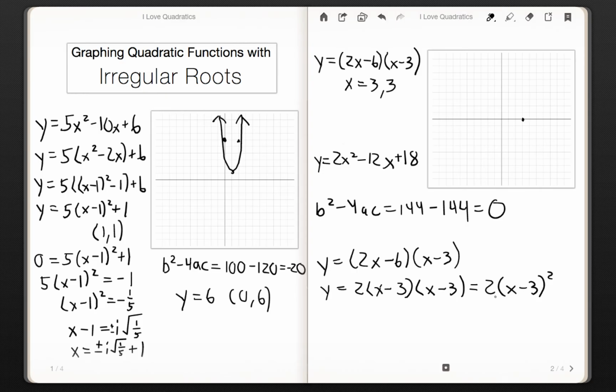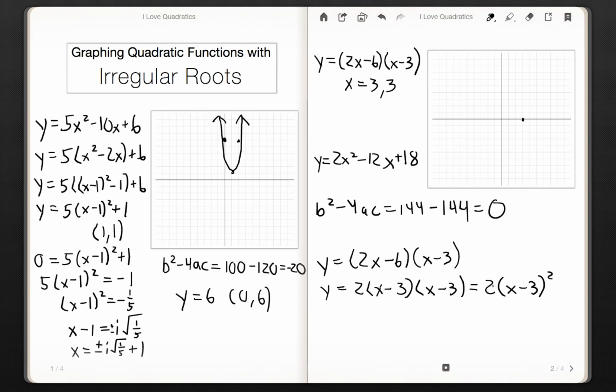Because look at this, we have a times x minus b squared plus c, where c is obviously 0 since there's nothing there. So if we approach it from the viewpoint of it being in vertex form, then we see that it's y equals x squared. It's been shifted over to the right by 3, meaning x is equal to 3 in order to get y equal to 0. We see that here. That's just the root.